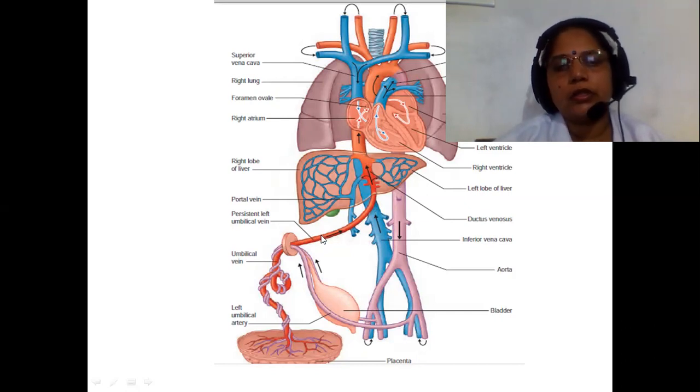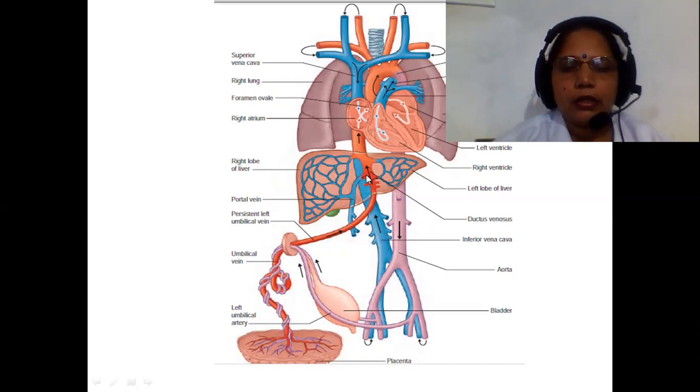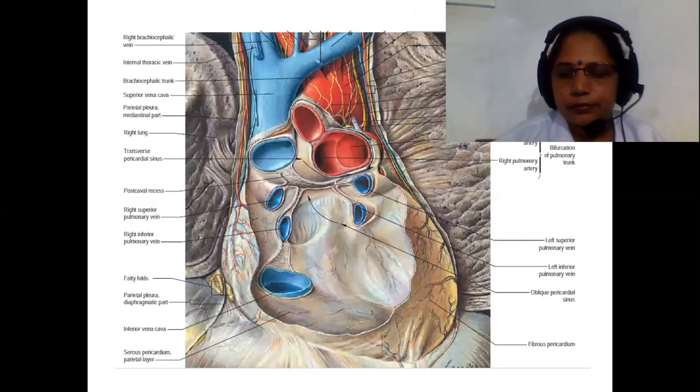You can see this umbilical vein is continuous with the ductus venosus, and behind that is the inferior vena cava. This is the superior vena cava, this is the inferior vena cava, and this is the liver structure. The circulation of the blood, very clearly, we will discuss in the next slide.